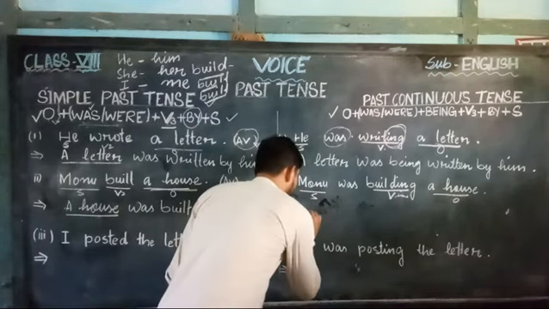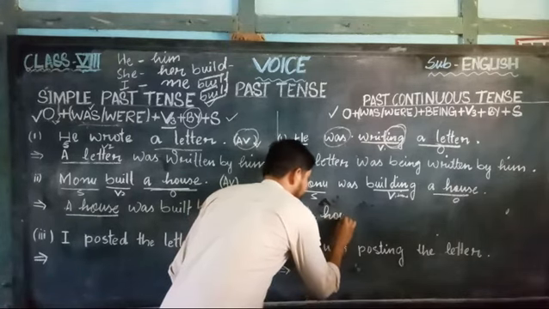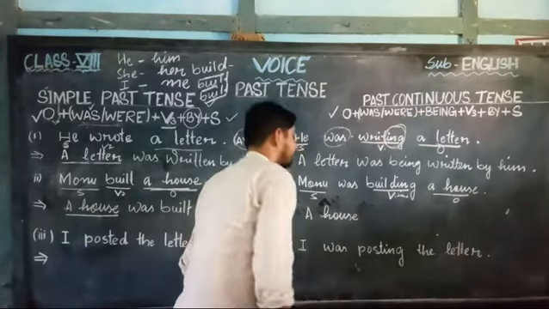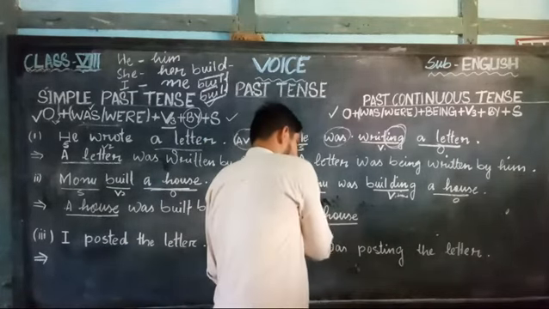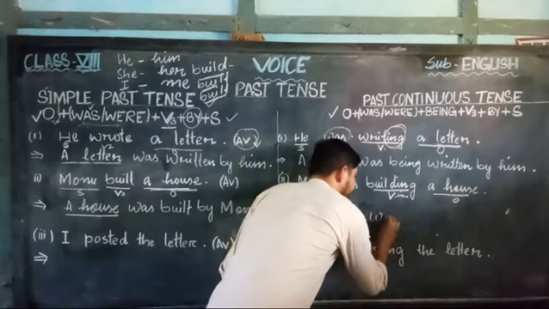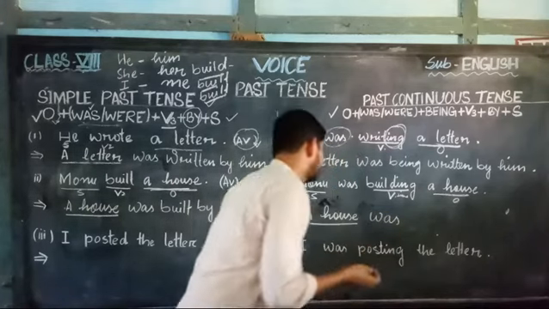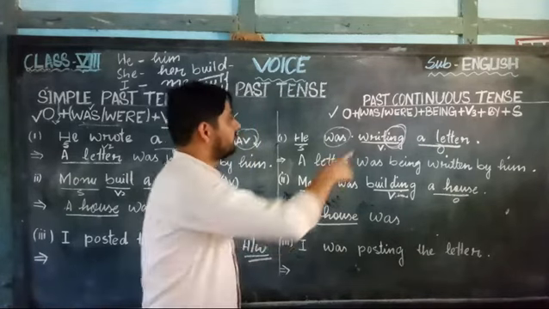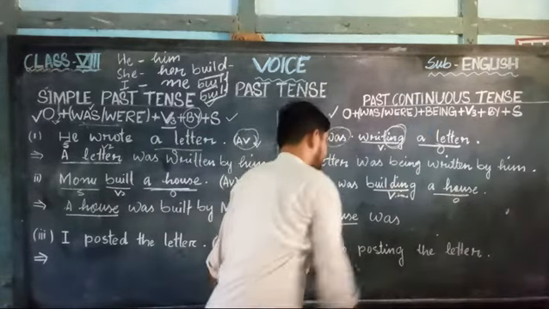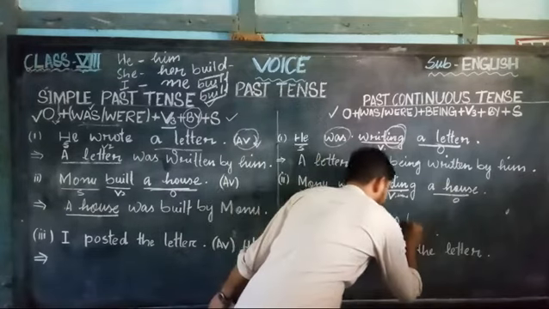We will write the object first. What is the object? A house is the object. Then what helping verb can we use here? A house is singular, so we will use was. A house was, then after this, being.